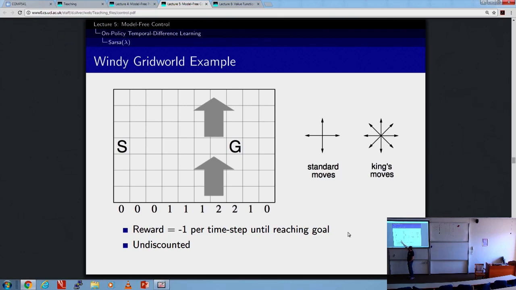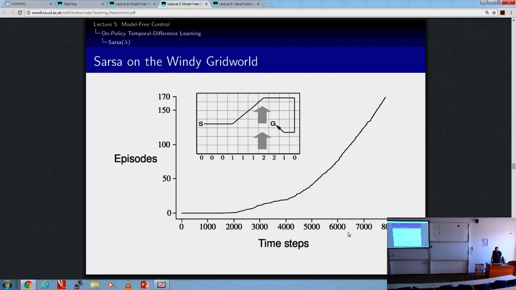So when you're passing through this column, you get pushed, and here you get pushed, and here you get pushed twice, etc. If you run SARSA on this little puzzle, it actually finds the shortest path, which is this, which basically says let yourself be blown up to the ceiling and go to the right along the ceiling until you have a place where there is no wind, and then come down and circle back. That turns out to be the best policy in this game, I think, using standard moves.